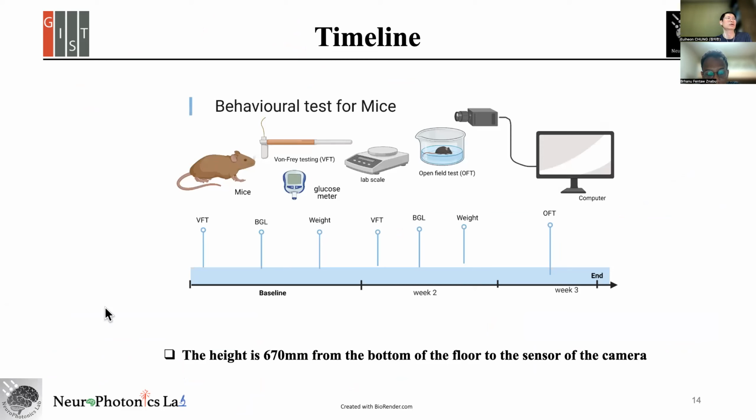And now I'm going to just point out the quick things. So, this is good to have. Glucose meter for blood. So look at von Frey testing. Lab scale. Why are you putting lab scale? So it's body weight. Open field test.